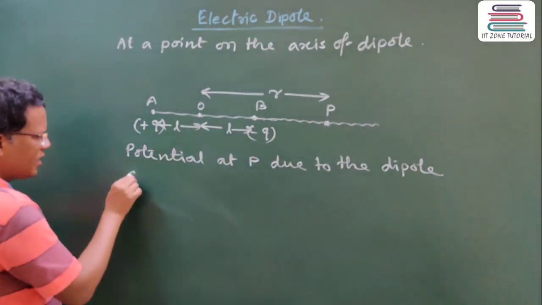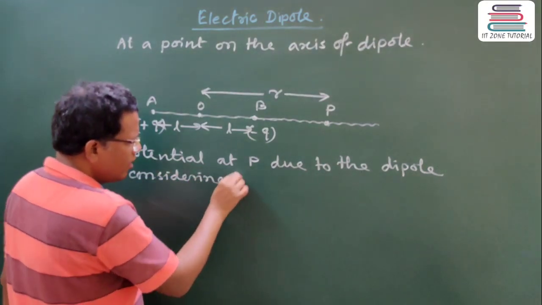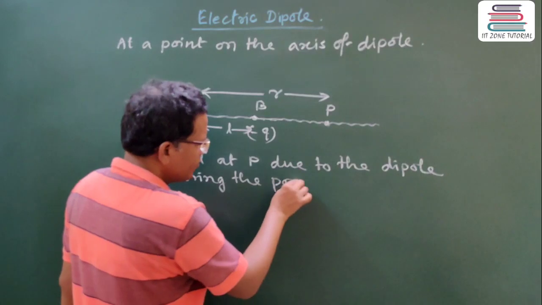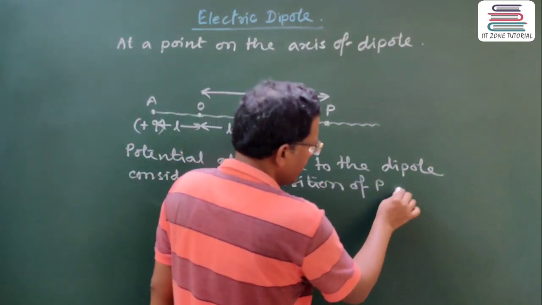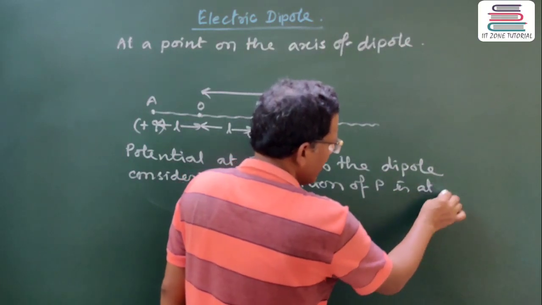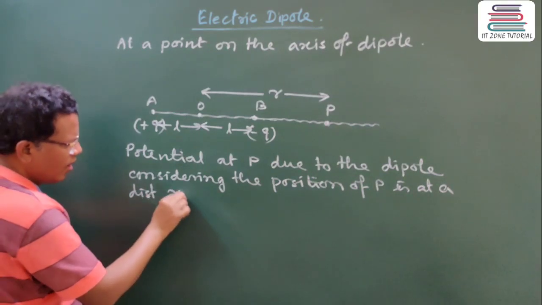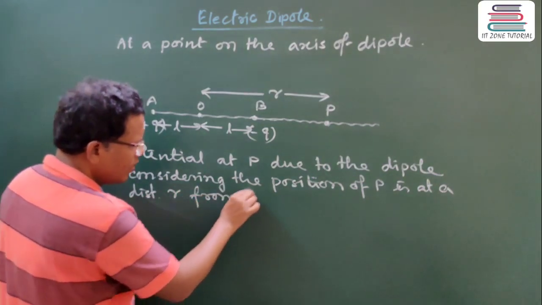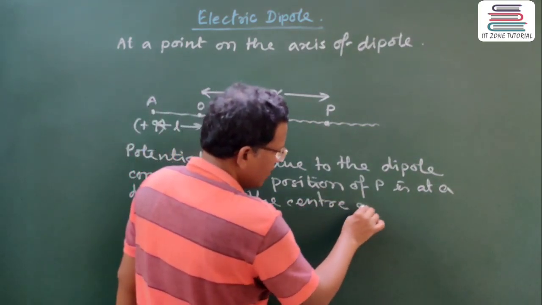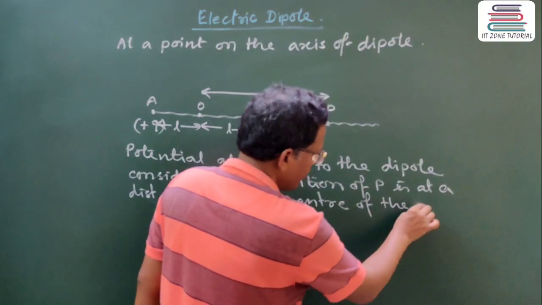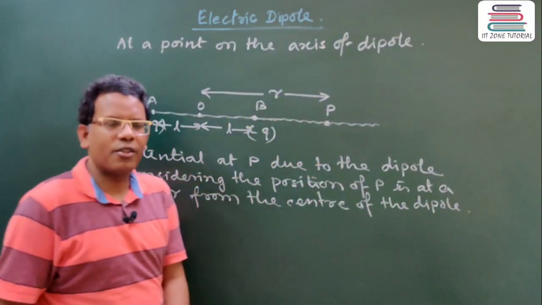So the position of P is at a distance r from the center of the dipole.